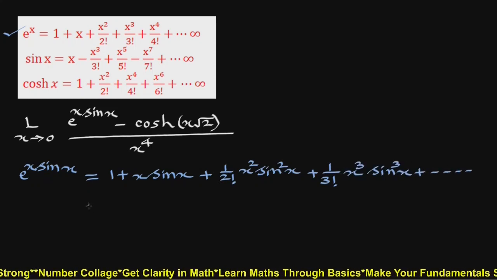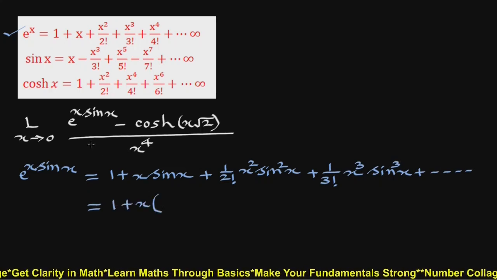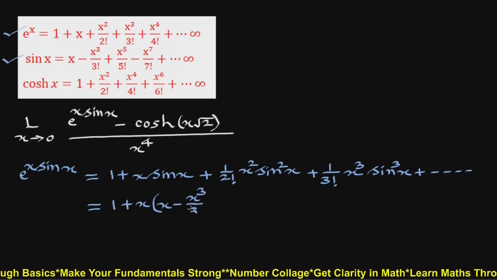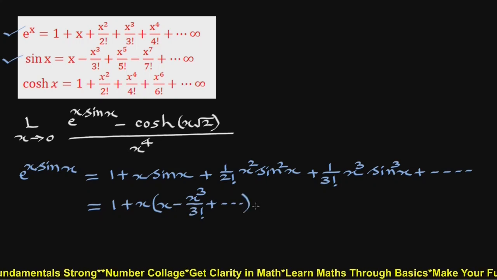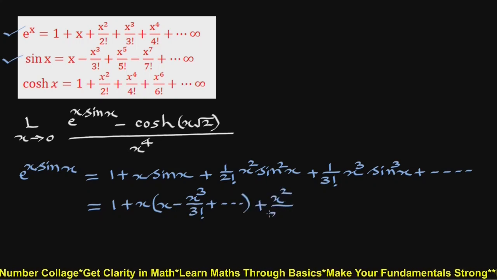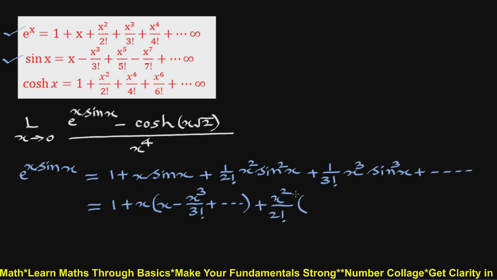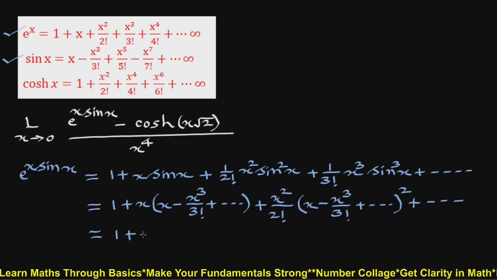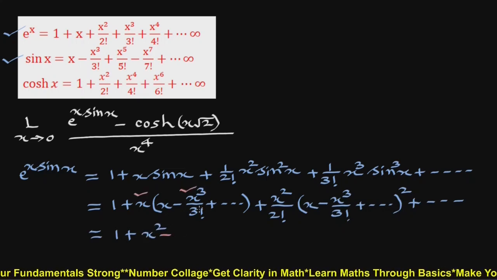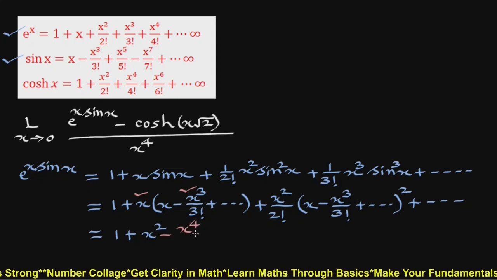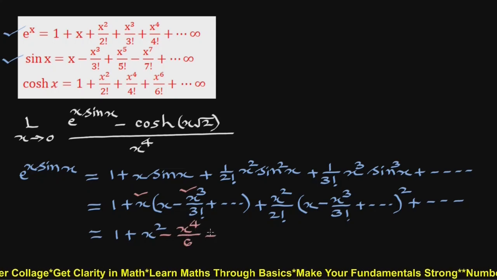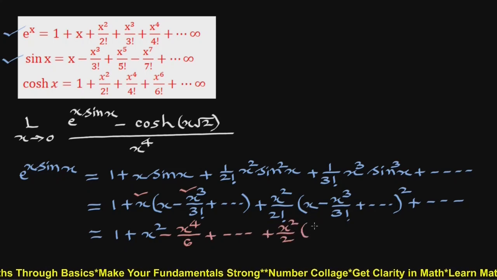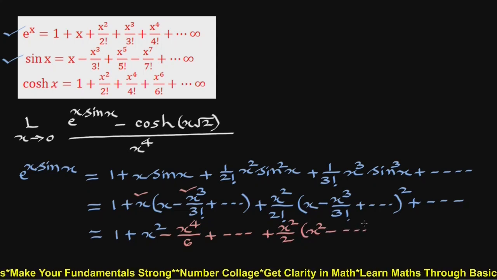Which is 1 plus x into the expansion of sin x, from here x minus x cube upon 3 factorial plus so on and so forth, plus x square upon 2 factorial into the expansion of sin x square, plus so on and so forth. Which is 1 plus x square minus x into x cube upon 3 factorial, x raised to 4 upon 6, plus x square upon 2 into the square of x square, plus so on.